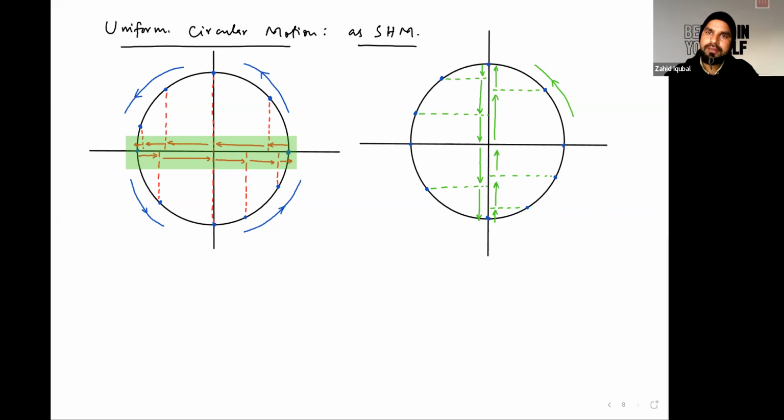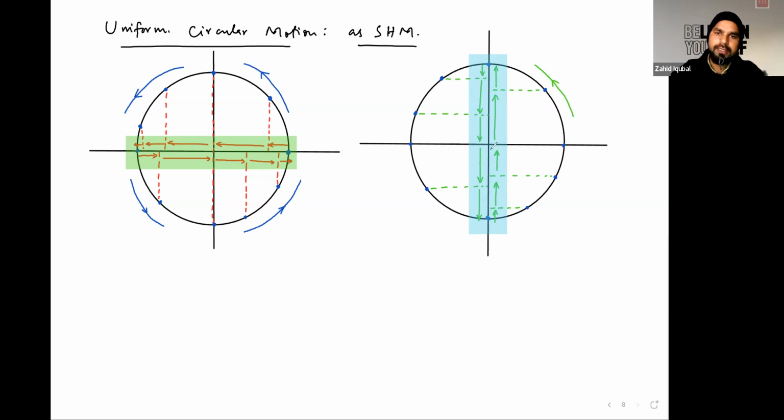So if you take the motion of the projection in this part along the y-axis, it is behaving as motion of a particle up and down about this given position, the origin. So we can say this is also SHM, or simple harmonic motion.